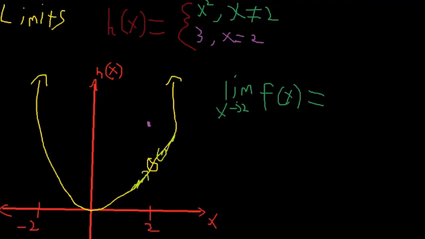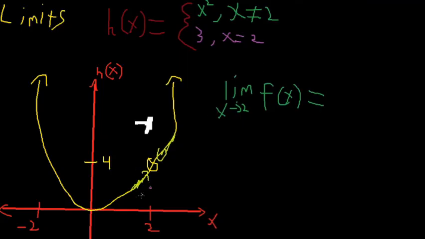That's a bad representation; it would be more down here on this value. This would equal 4, because 2 squared is 4, and both of these sides are approaching 4.